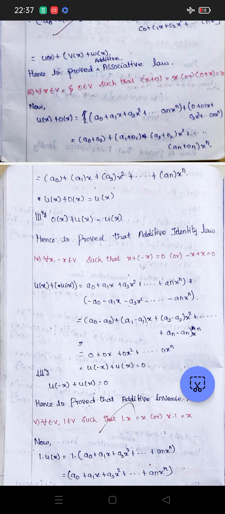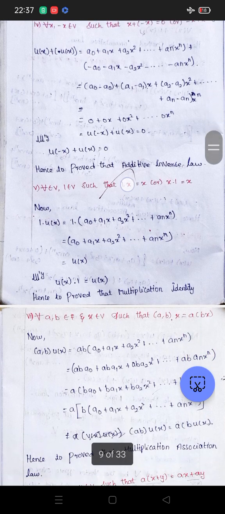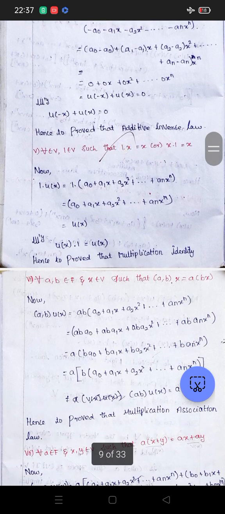Here the value is 0. So 0 + 0x + 0x^2 etc. + 0x^n, which is equal to u(x) + (-u(x)) = 0. Similarly, u(-x) + u(x) = 0. So hence we prove the additive inverse law.